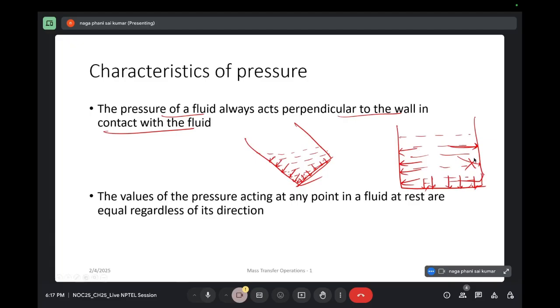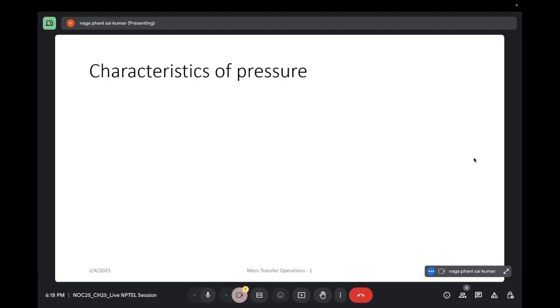And coming to the second property, the values of pressure acting at any point in a fluid at rest are equal regardless of its direction. There's a lengthy proof that was discussed in the class, so we'll go through the proof as well.